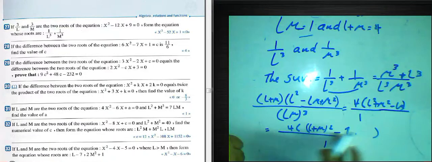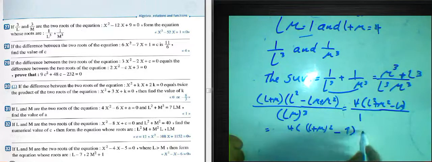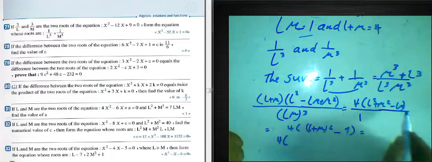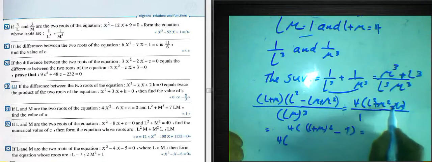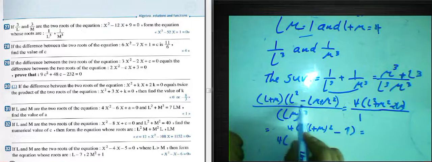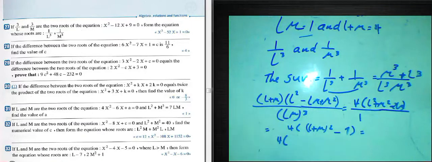We can cancel all this here and write 4 times L plus M to power 2 subtract 2LM.